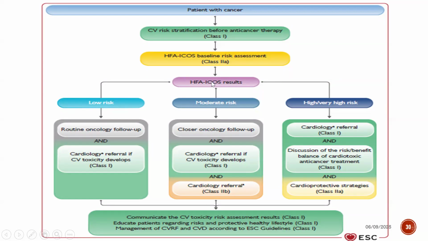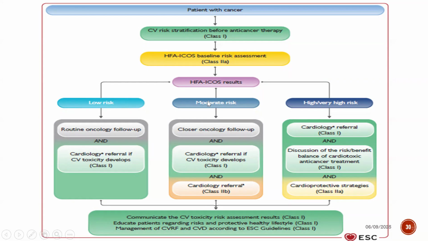So based on this assessment tool, as mentioned earlier, patients can be classified as low risk, moderate risk, high or very high risk. For those classified as low risk, we'll go to routine cardio-oncology follow-up and they will only be referred for cardiology assessment when they develop any cardiovascular toxicity.